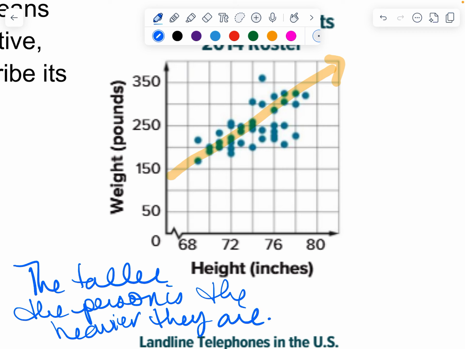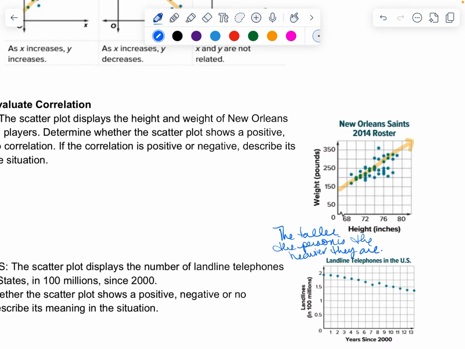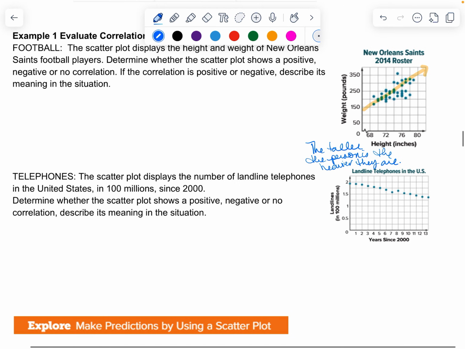And that's talking about football players. Is it always true? No, it's not always true. We see some people that are tall that don't weigh as much, but for the most part in football, that is true.